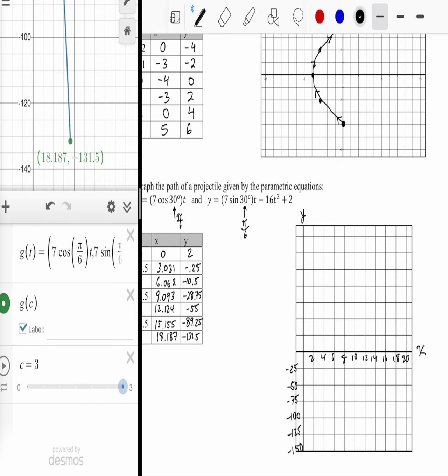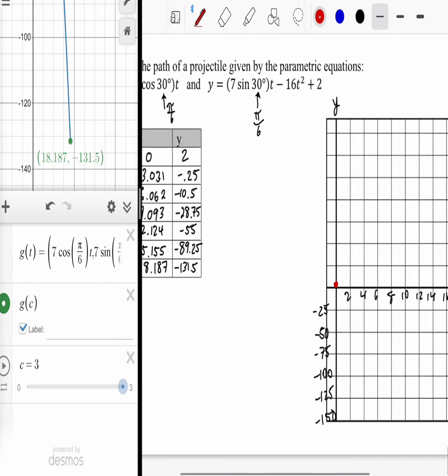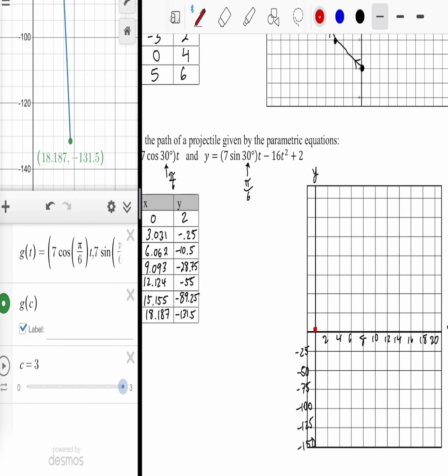So 0, 2. I mean, it's going to be pretty close to the x-axis. 3 and change, negative 0.25. 6 and change, negative 10.5. 9 and change, negative roughly 30. 12 and change, negative 55. 15 and change, negative 90-ish.